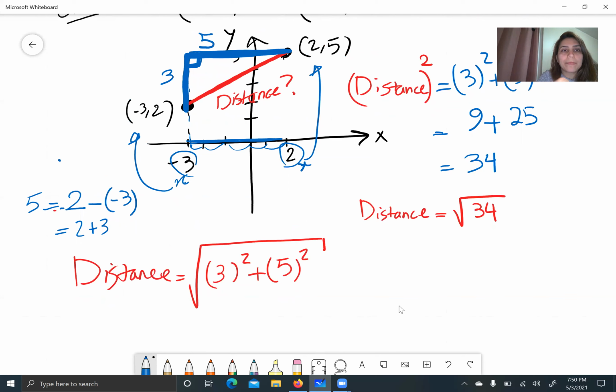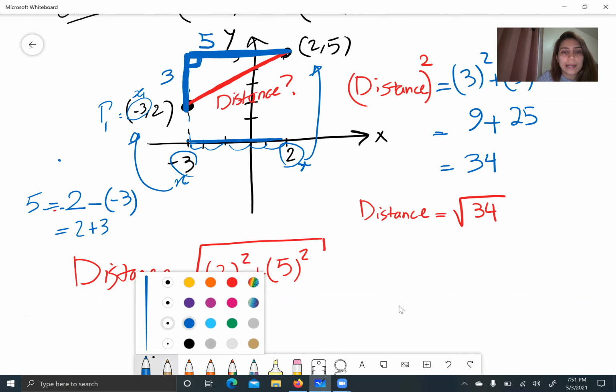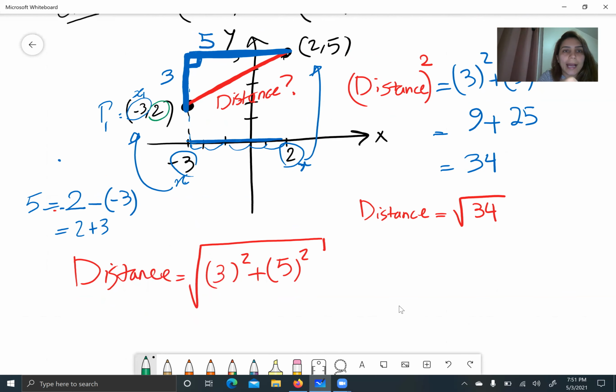Let's call them, this is the first point, right? So if this is the first point, let's call its x value x1, its y value y1. Because every point has x and y coordinates, right? And let's call the other point, the second point, P2. So its x value is going to be x2.